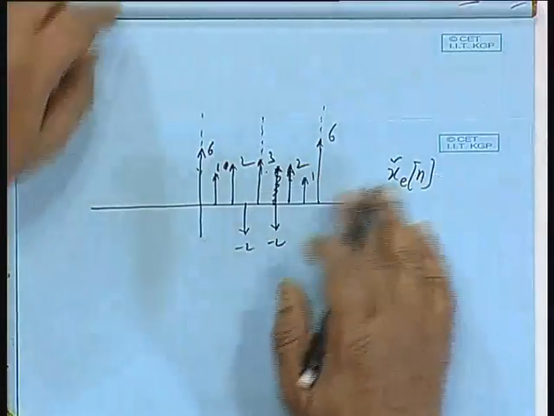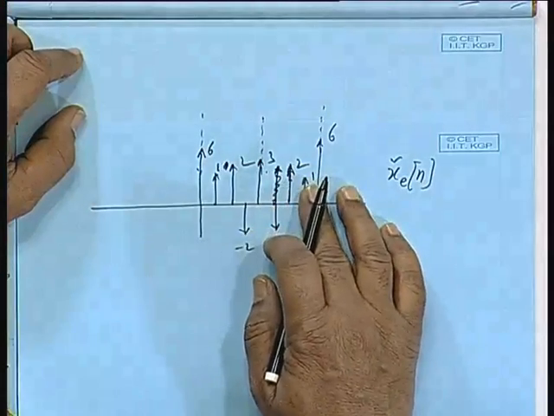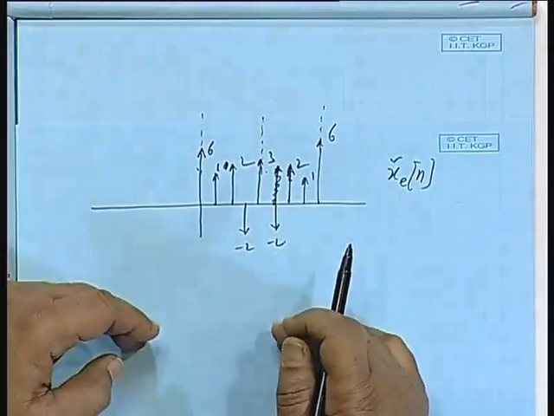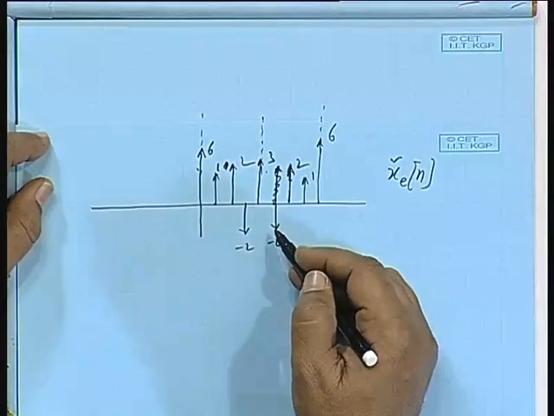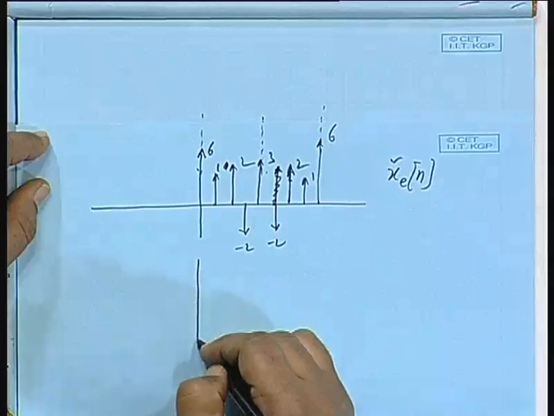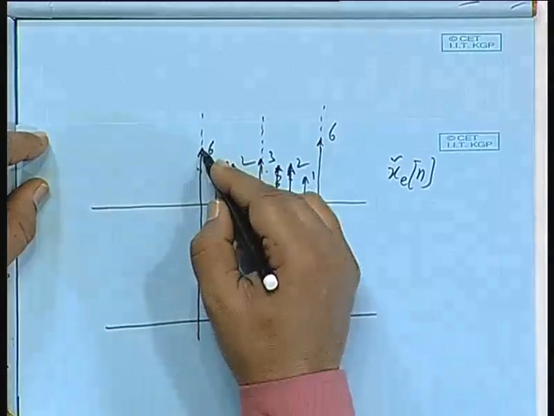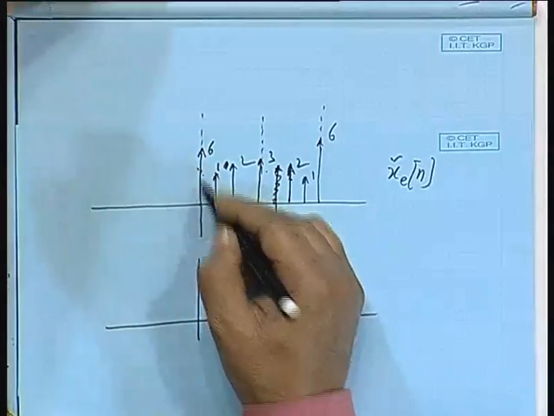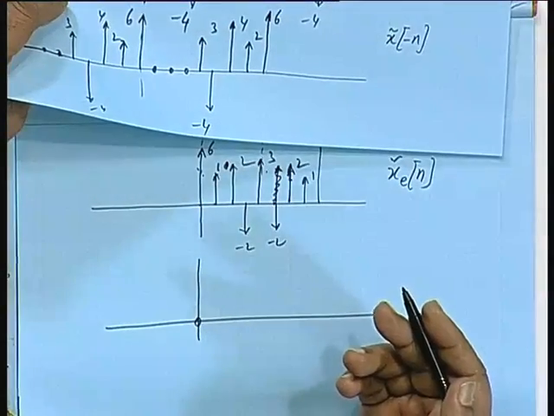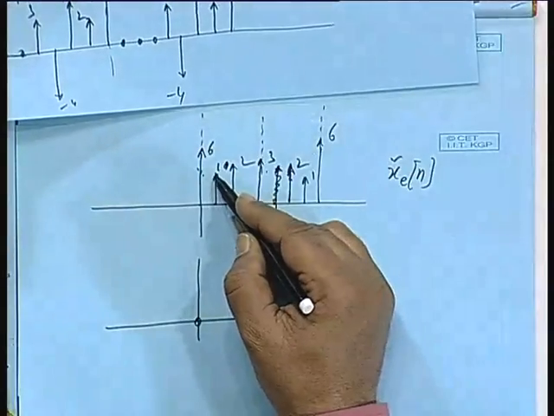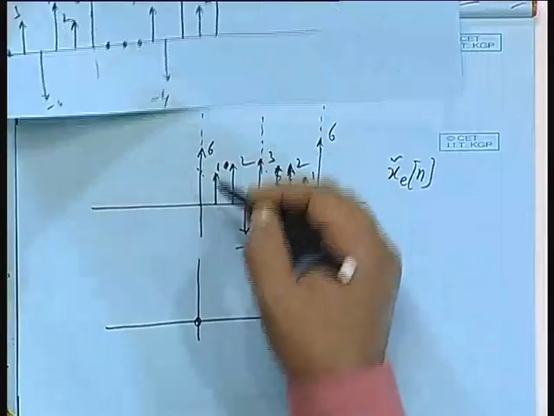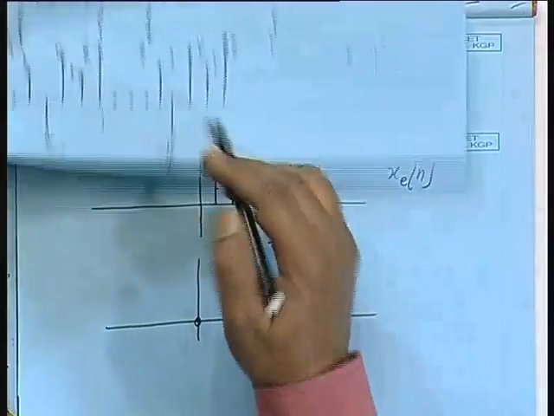Though x_e[n] is having these values, if I add it with the odd part, that should get cancelled and generate this. So, you can write the odd part. How much is the odd part? At this point 6 plus how much will be equal to 6? It has to be 0. The odd part's central value is 0, and how much should be added to 1 to get 2? It will be just 1 again, because it is half of this.